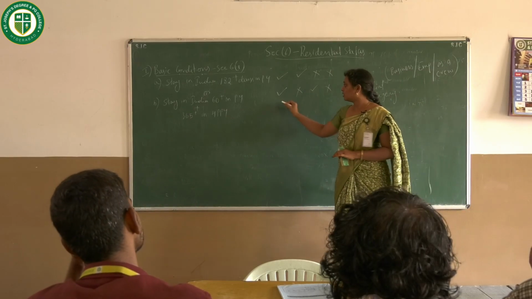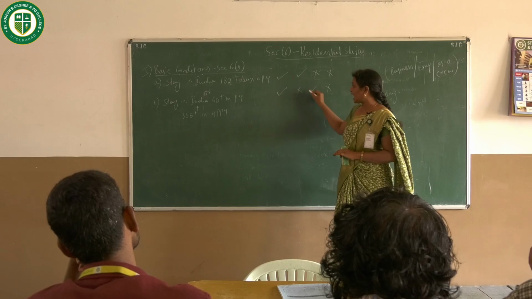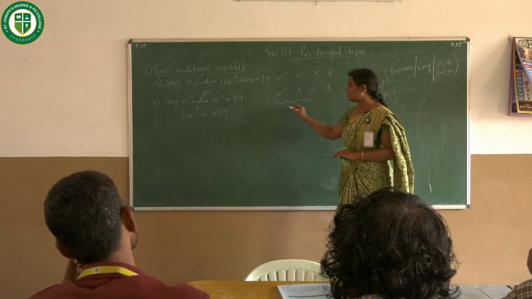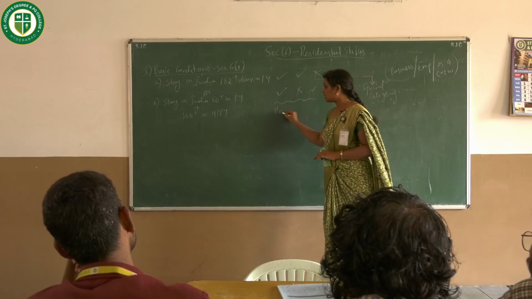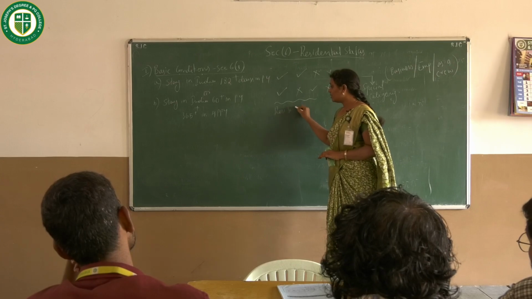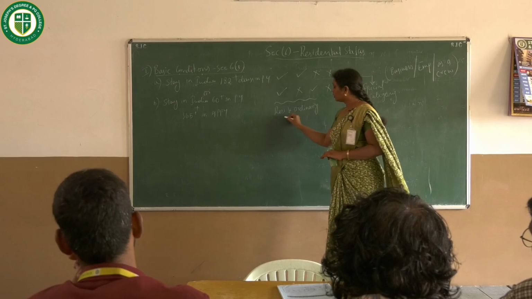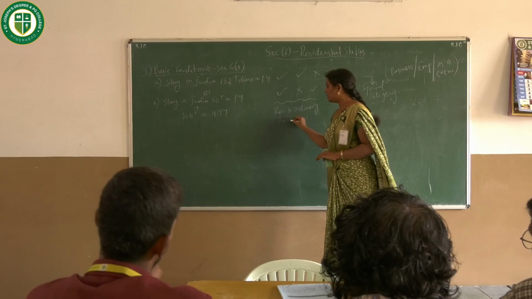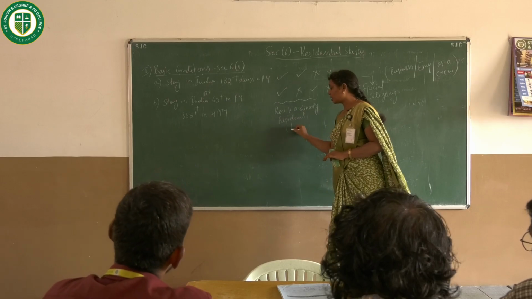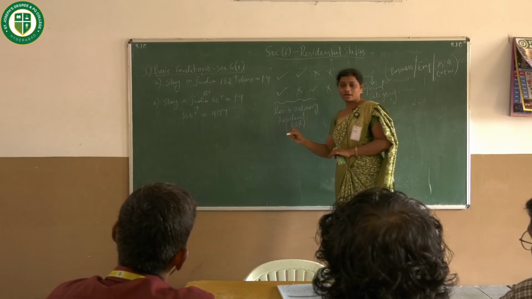Then how to decide? If he satisfies both or any one of the conditions, then he will be called a resident and ordinarily resident. In short, we can call him an ROR.